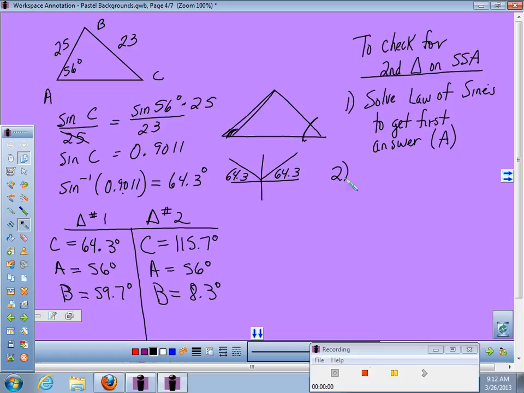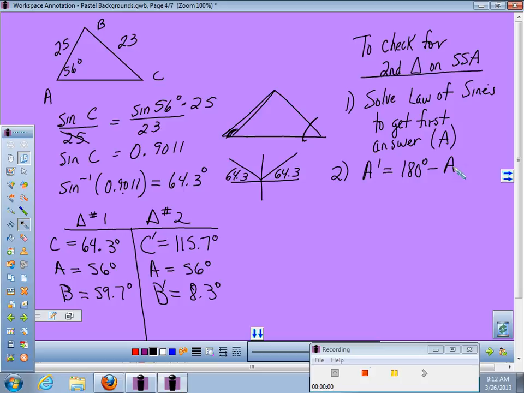Usually when we talk about the second triangle, if this was angle C, they'll call this one C prime. A stayed the same both times, and they'll call that one B prime. When they want to talk about a second one, they put prime symbols on it. So in our case, if we want to find the second angle A prime, yes, you're going to do 180 minus A, and you're going to find that angle.